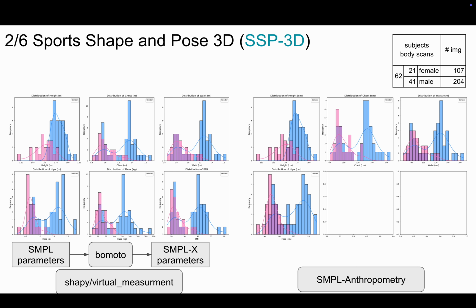In the next video we will look at the four data sets we are going to train our diffusion model on, which are COCO, MPII, MPI2, and of course 3DPW.